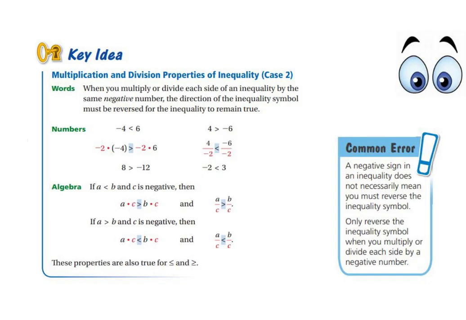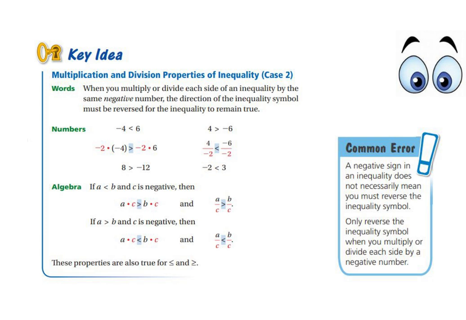Our next key idea, multiplication and division properties of inequality. When you multiply or divide each side of an inequality by the same negative number, the direction of the inequality symbol must be reversed for the inequality to remain true. Negative 4 is less than negative 6.